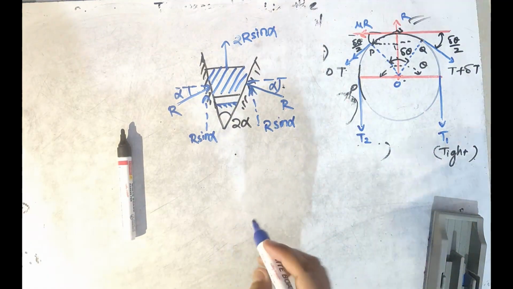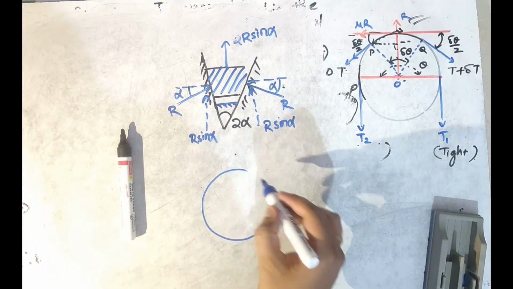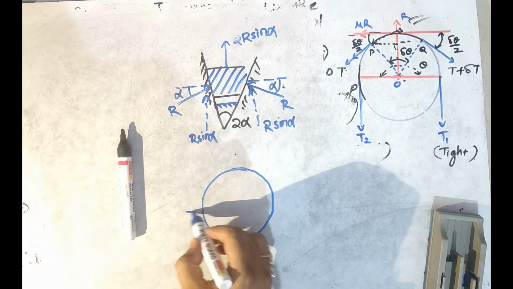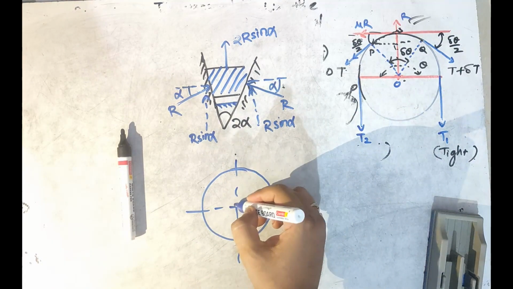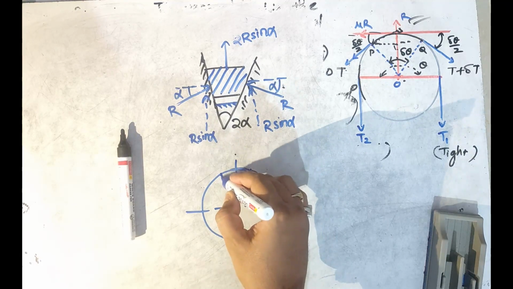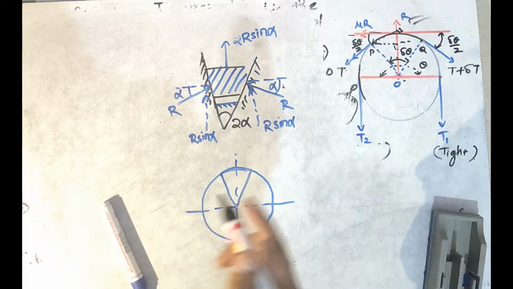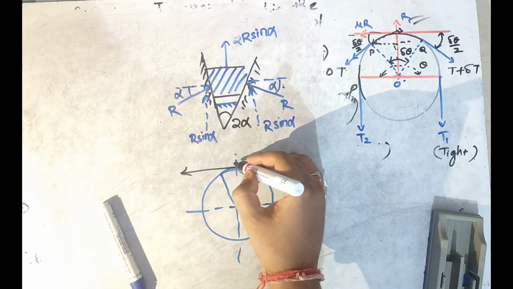Now if you go to the pulley and belt part, similarly you have to take one small portion of the belt, and you have to derive all the forces that you want.